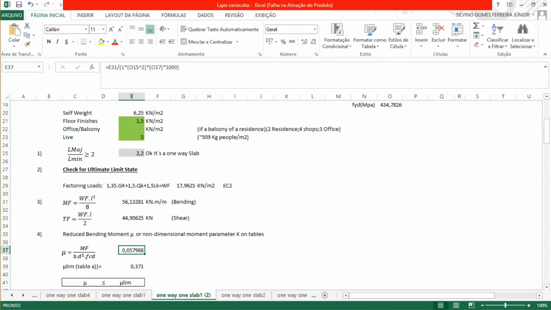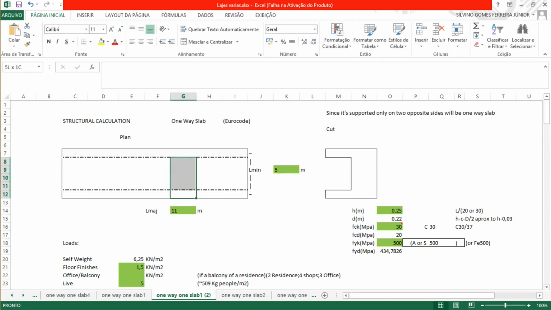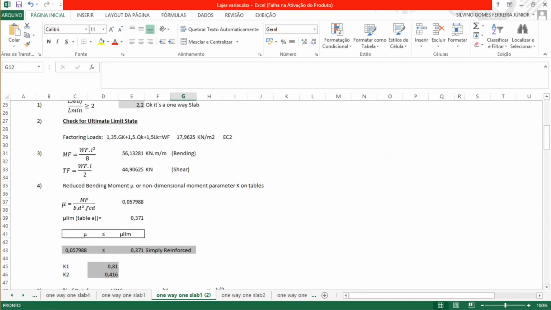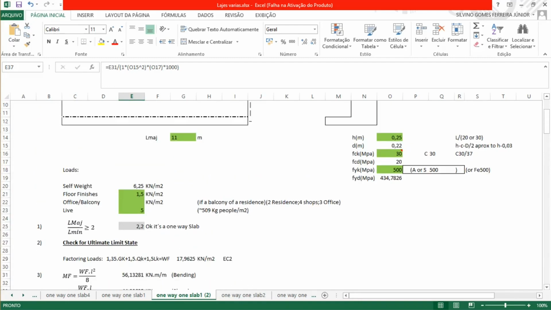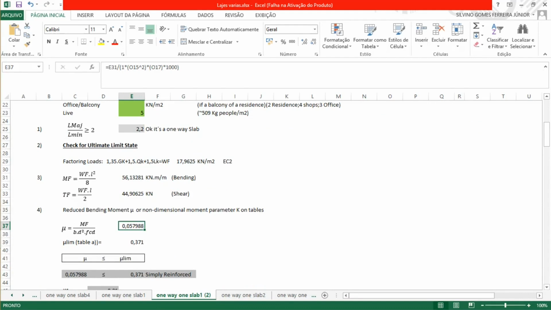We are considering a section of 1 meter in this calculation, multiplied by d, the effective depth, 0.22 squared. Here it is divided by 1000 because we pass all the units to the same, and so it gives us 0.058.